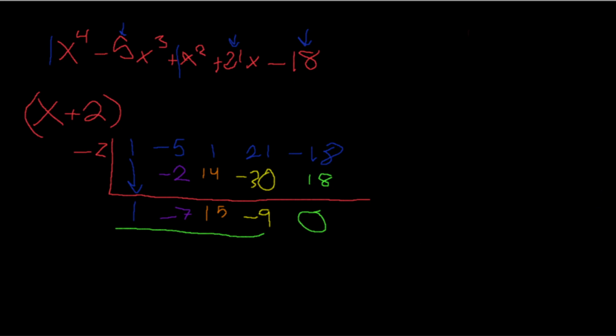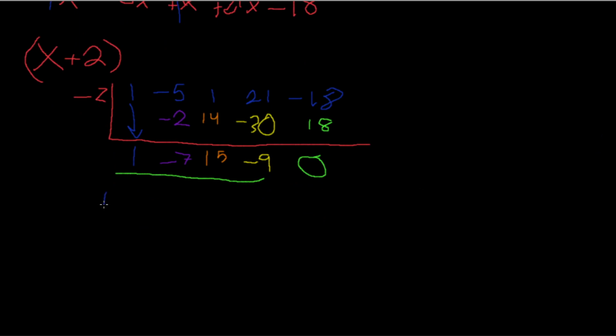So what we do is we take the 1, bring that down, x cubed. It looks like plus 1x cubed, and then minus 7x squared plus 15x, and then minus 9.